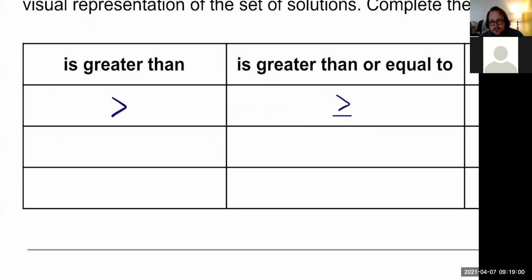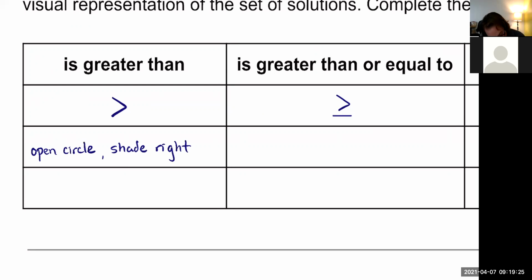Now, in terms of the graphing portion, if you were graphing the greater than scenario, what you would use is what's called an open circle. And you would shade to the right.